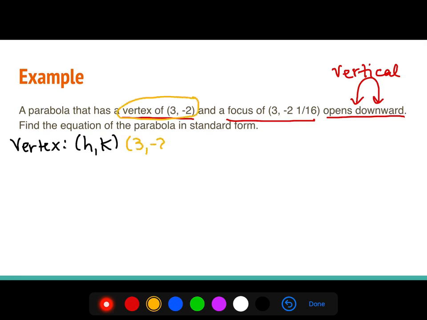On the vertical formulas, the vertex is HK. So if my vertex is at 3, -2, I will know that H is 3 and K is -2.